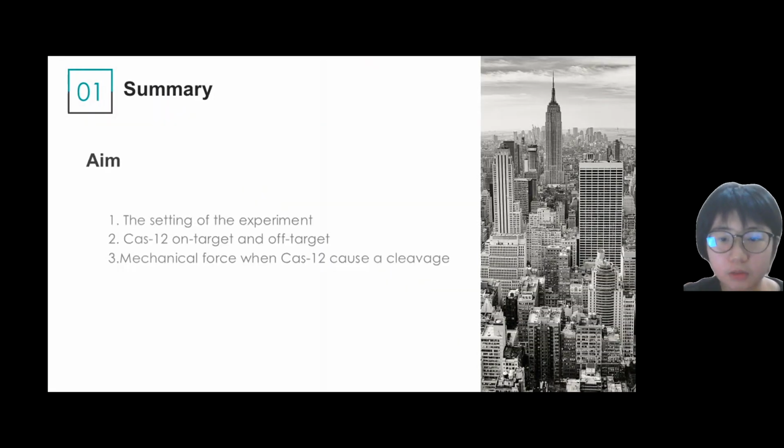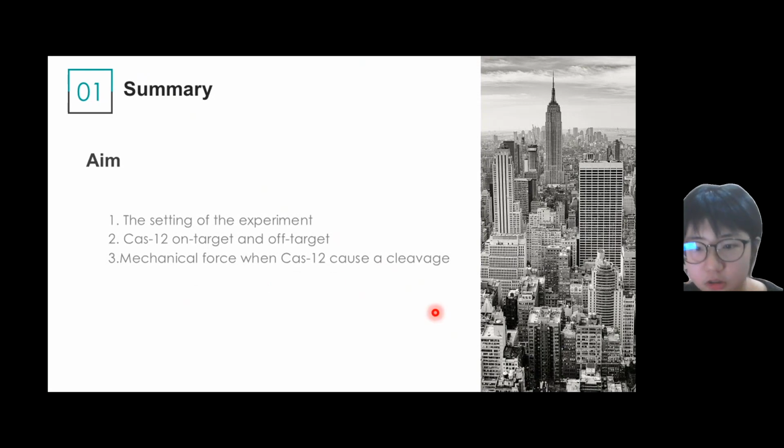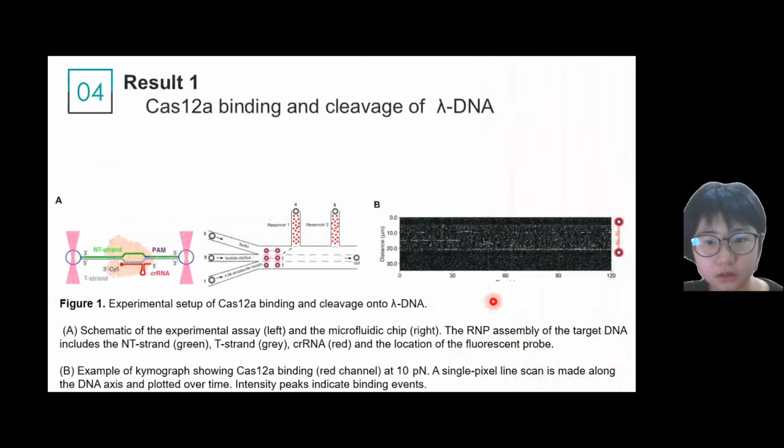Okay, so the aims of today are the setting of the experiment, the Cas protein for on-target and off-target, and the mechanical force when Cas12 protein causes cleavage. The first result is Cas12 protein binding and cleavage of lambda DNA.